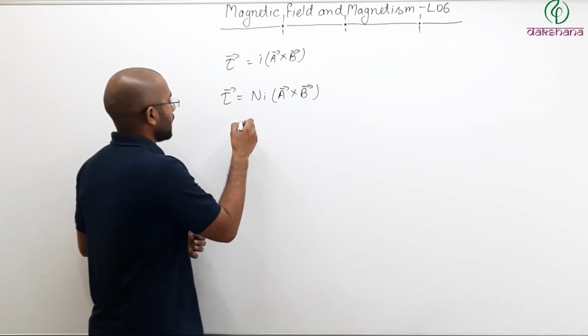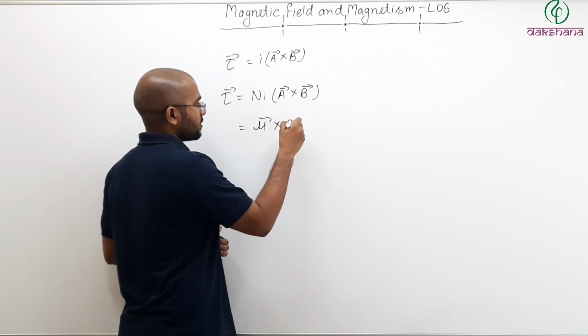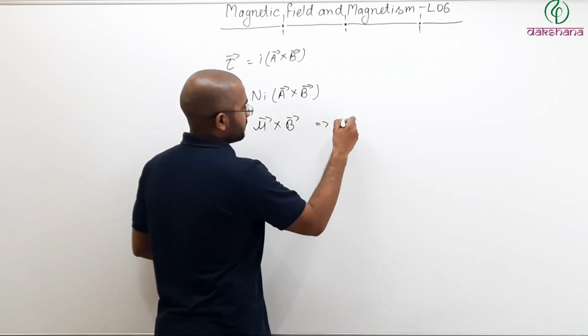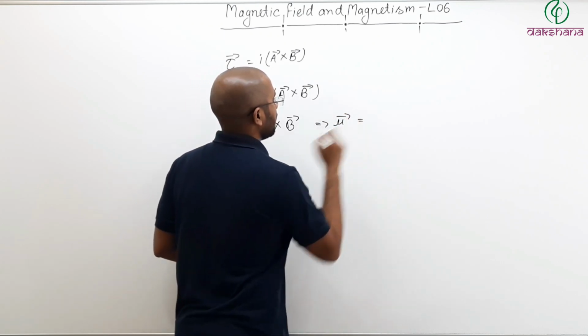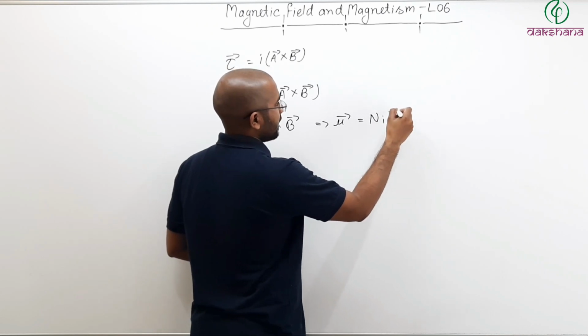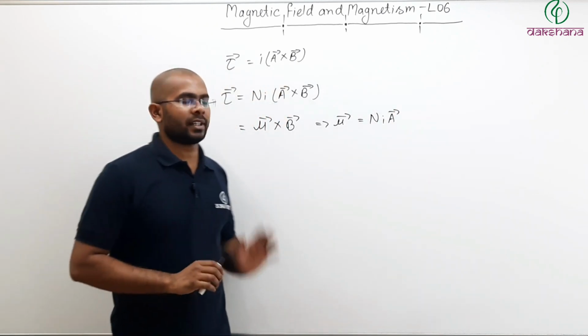We can also write this as mu cross B, where mu is the magnetic moment of your coil, which is N I times area vector. So this we have already studied.